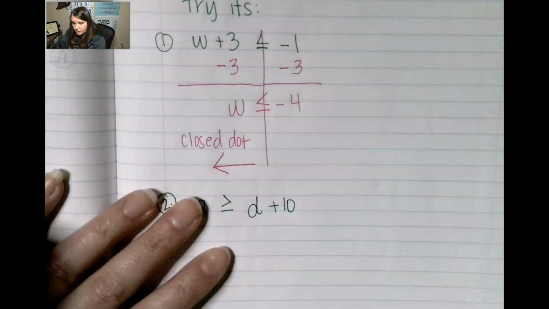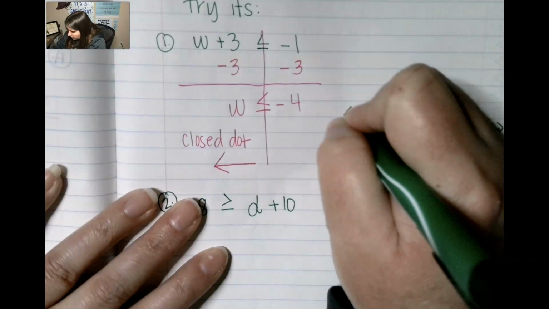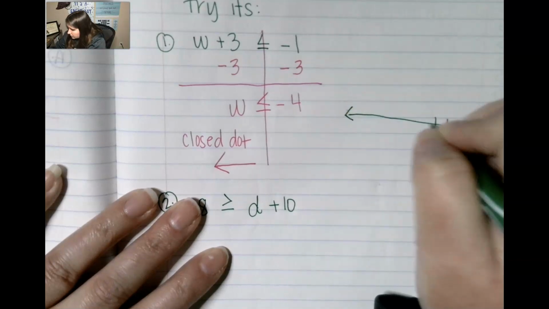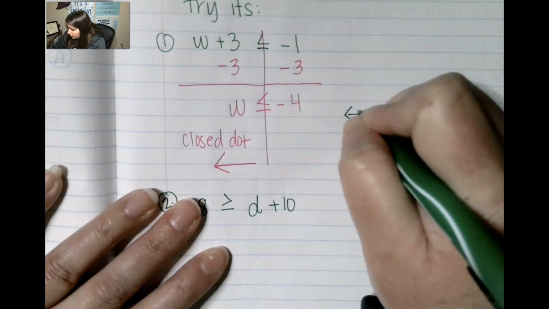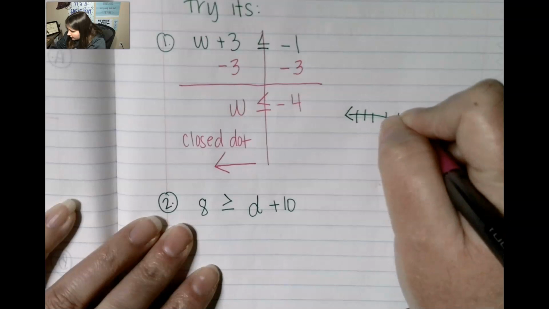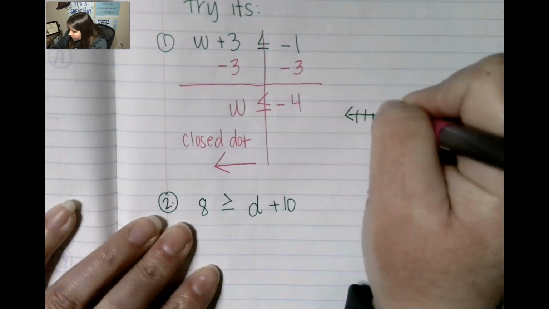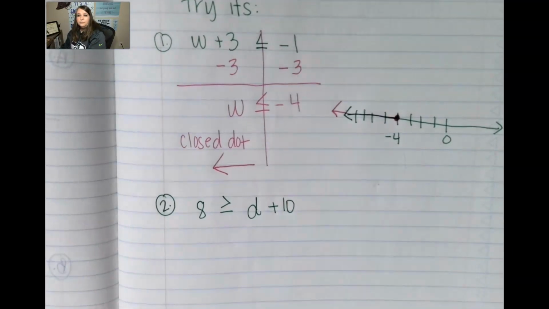So let's go ahead and draw out our number line here. We're going to have 0, 1, 2, 3, 4. All right. We're going to have a closed dot at negative 4. And then everything that is less than negative 4.